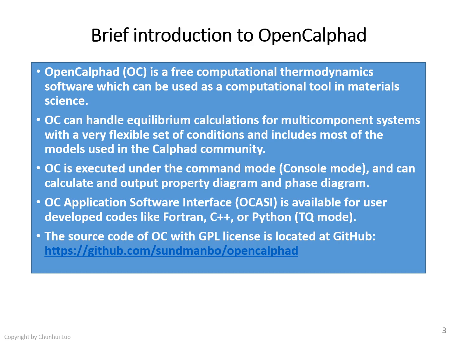OC is executed under the command mode, console mode, and can calculate and output property diagrams and phase diagrams. OC Application Software Interface, OCASI, is available for user-developed codes like Fortran, C++, or Python, TQ mode.